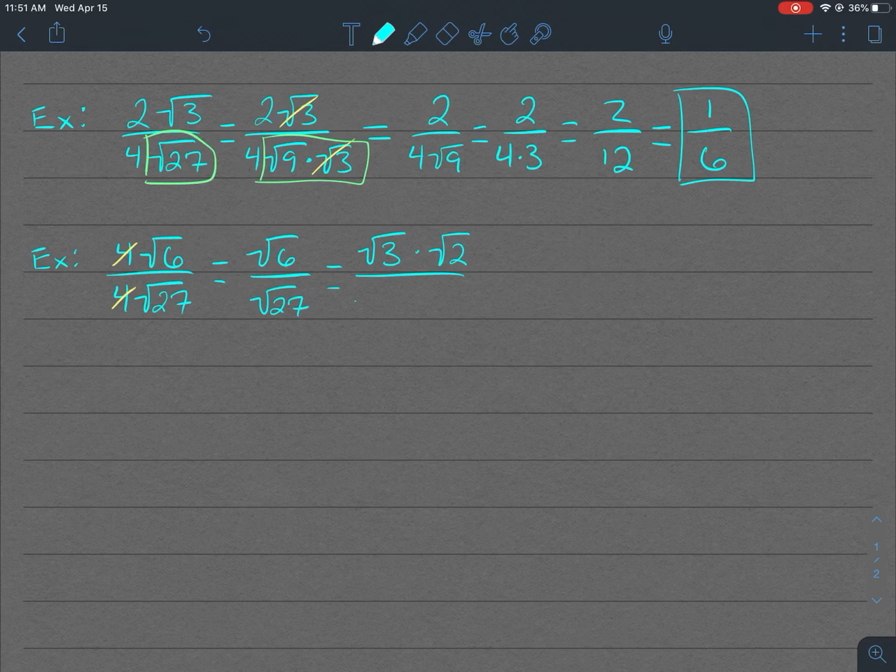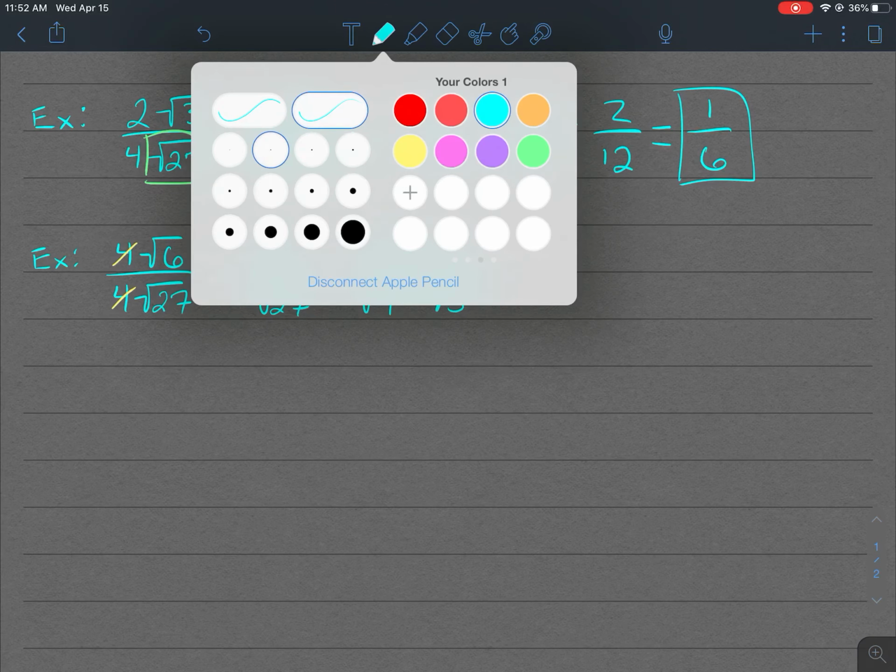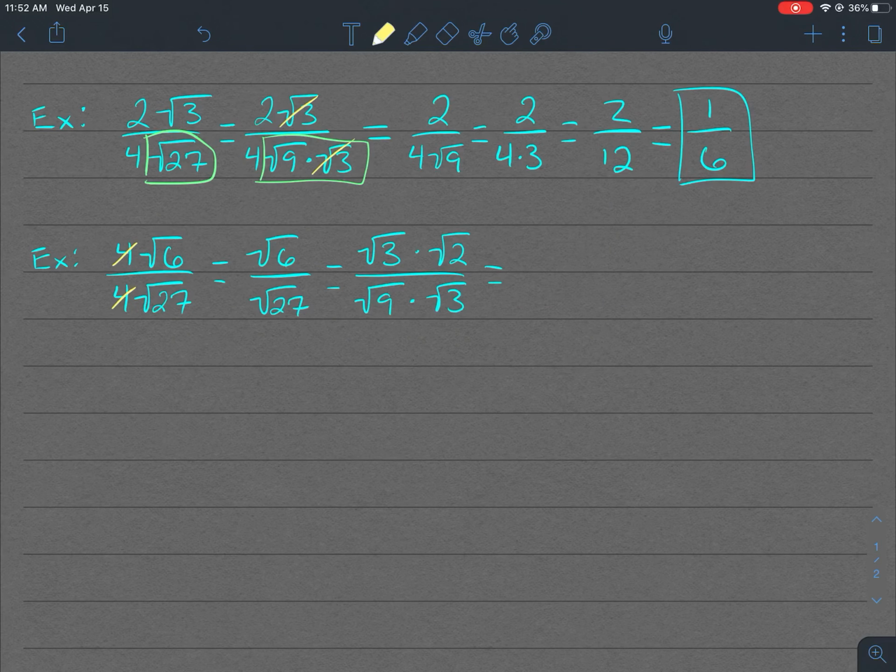So I can replace the square root of 27 with the square root of 9 times the square root of 3. And right off the bat, again, what do you notice that they have in common, top and bottom? The square root of 3. So what does that leave you with? That leaves you with the square root of 2 on top, and on the bottom you're left with the square root of 9.